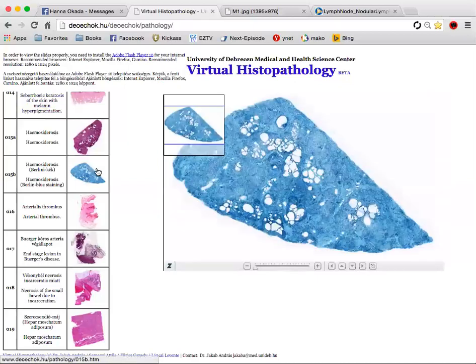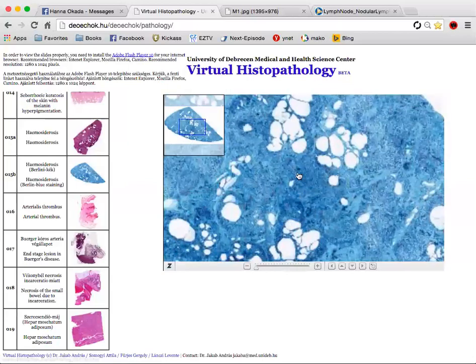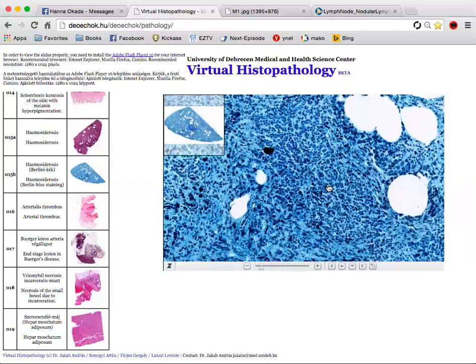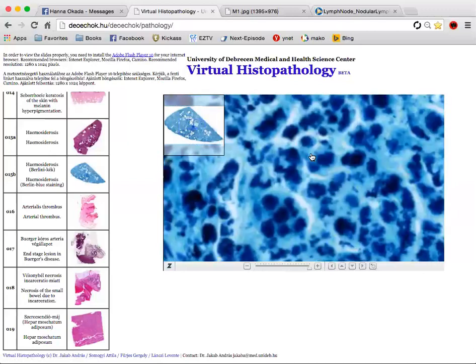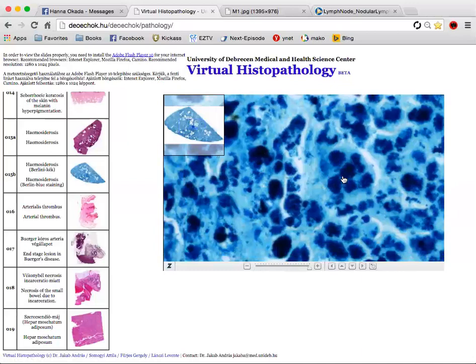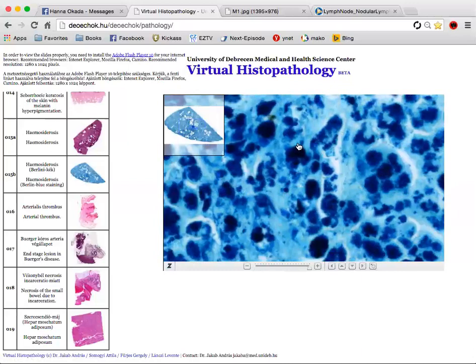So in this slide, this is stained with Prussian blue, and that's a staining method that will stain iron. When I zoom in here, you're not going to see really the cell membranes. Pretty much all you see is these areas, and this is all the pigment.